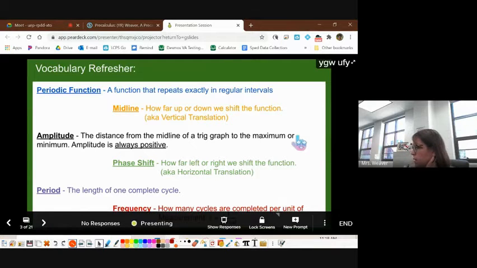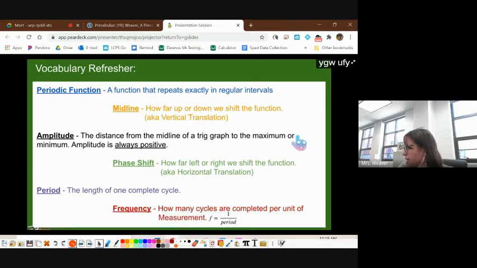Or not necessarily time, per unit of measurement. Often it's time, but for us it won't be. It'll be per angle measure. The frequency is just the reciprocal of the period. So like if your period is 2 pi over 3, let me write this down so that I'm not just speaking, but I can show you.